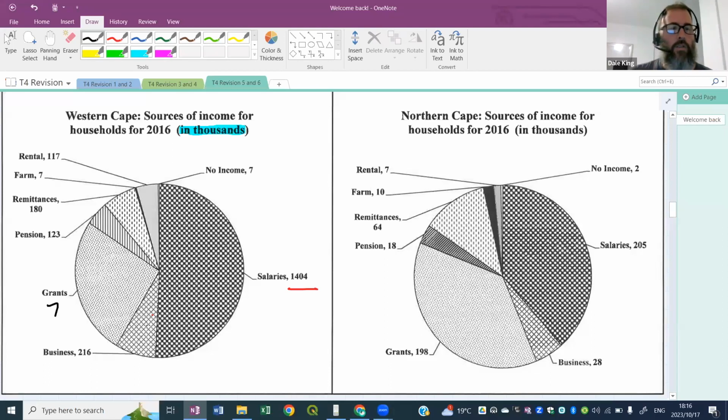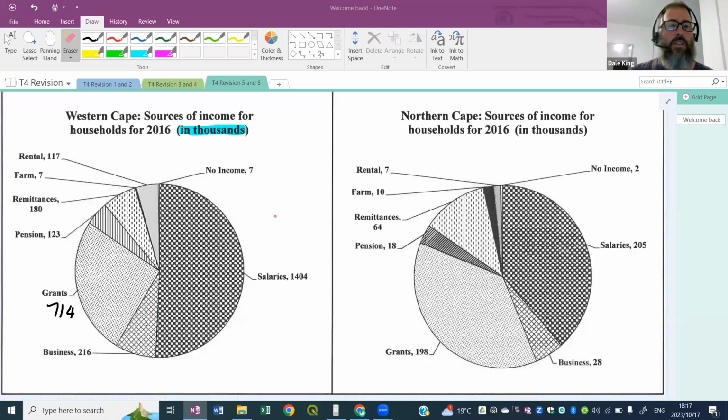Third highest source of income. Some people are saying business, some people are saying grants. What do the rest of you say? Grants and business, business and grants.